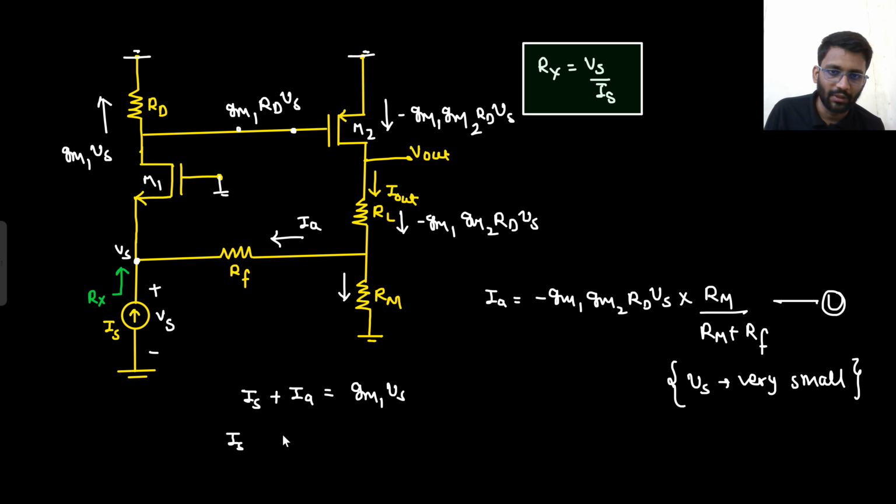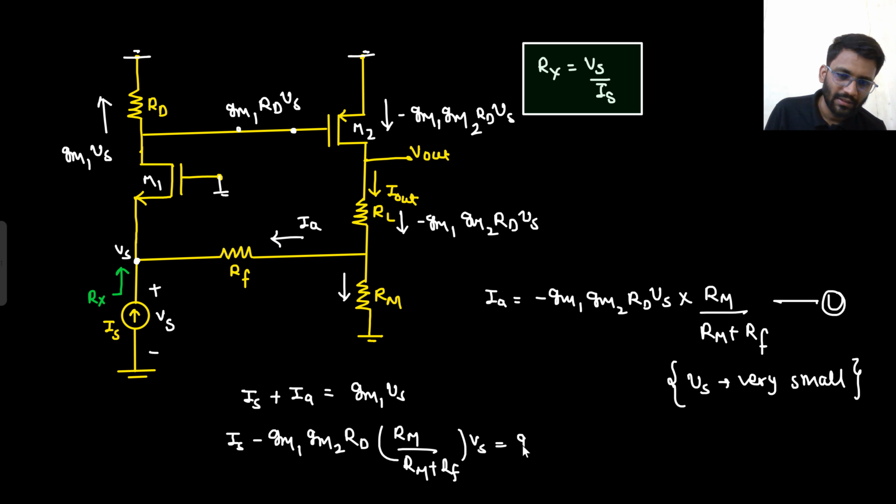Is plus Ia. What is Ia? Ia is minus Gm1 Gm2 Rd into Rm upon Rm plus Rf into Vs, which equals Gm1 Vs, right?